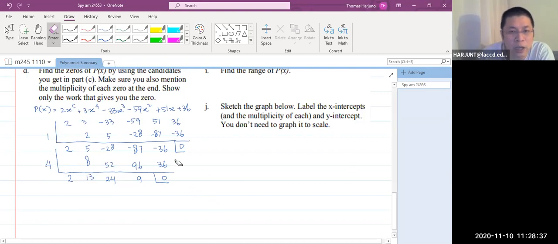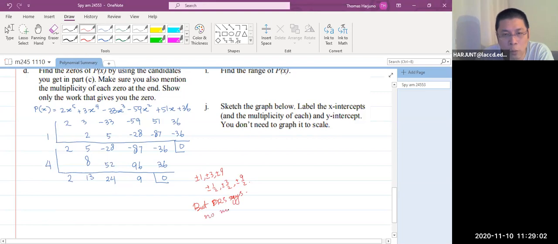But Thomas, 9 is in that list, that's true. Plus minus 1, plus minus 3, plus minus 9, plus minus 1/2, plus minus 3/2, plus minus 9/2. That's the list, right? But the Descartes' rule of sign says, in this case, no more positive 0.